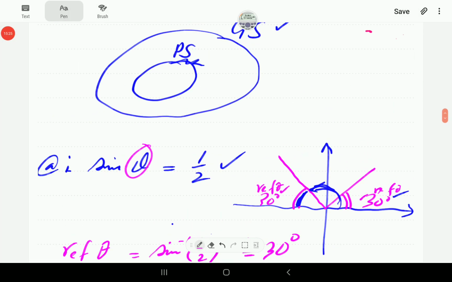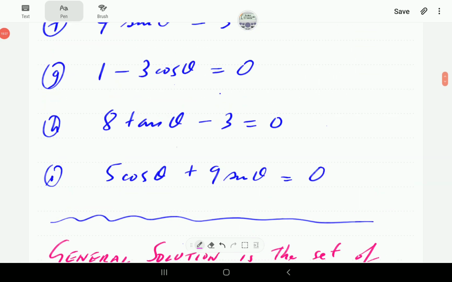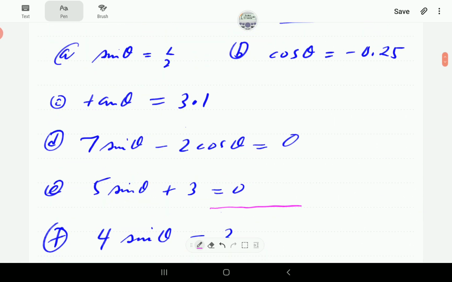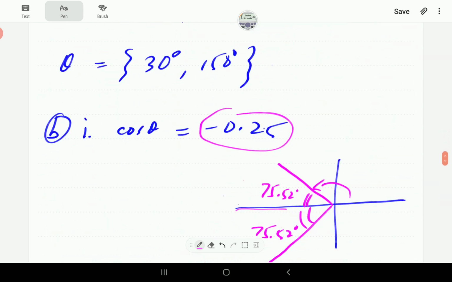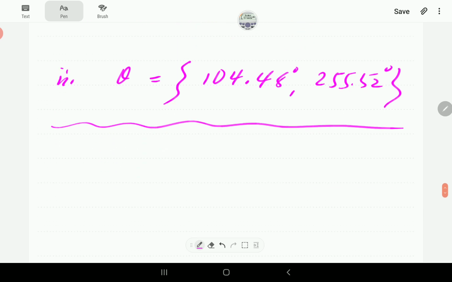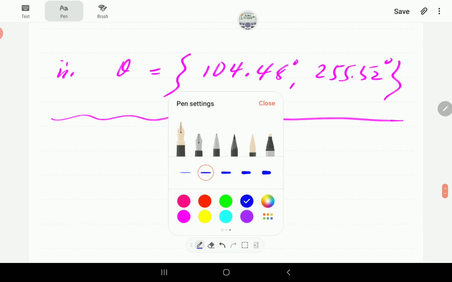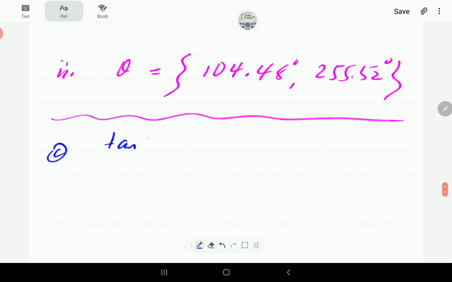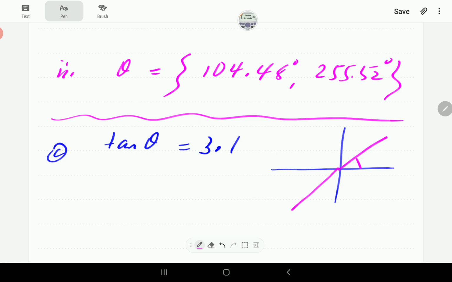Just going to go through example number C. In C, we have tangent theta is 3.1. So again, we ask ourselves the question, in which quadrant is tangent positive? And the answer should be first quadrant and third quadrant. These are equal.